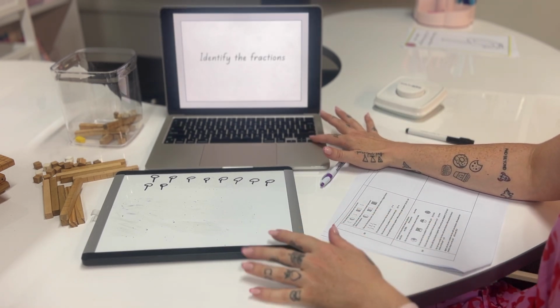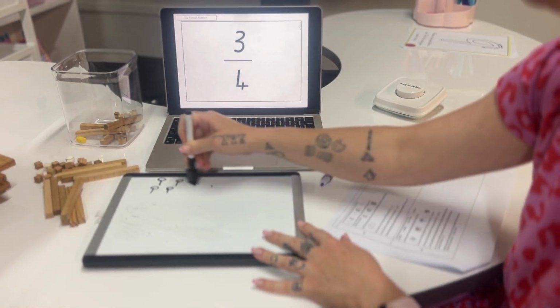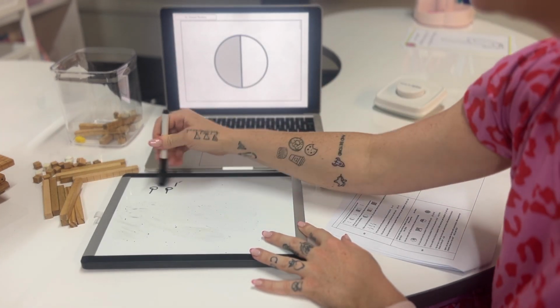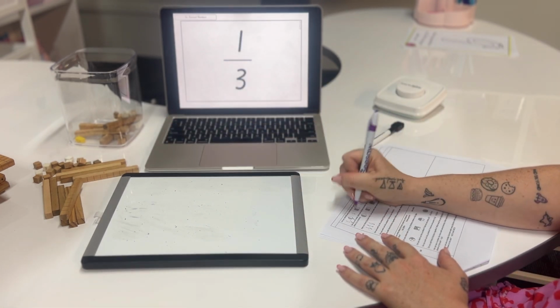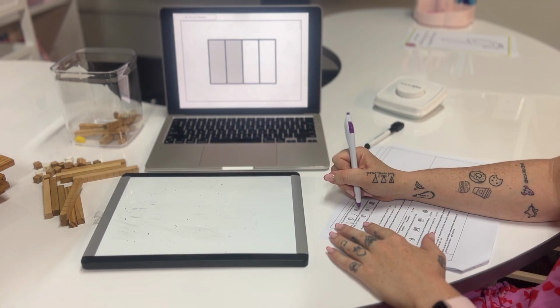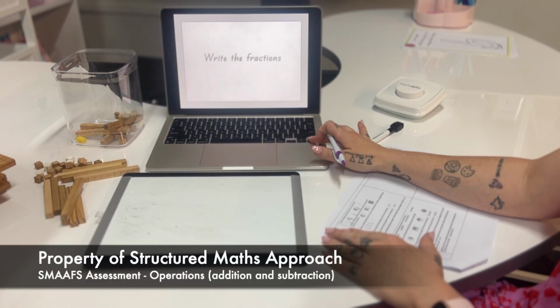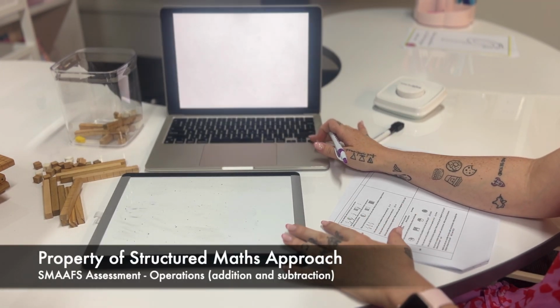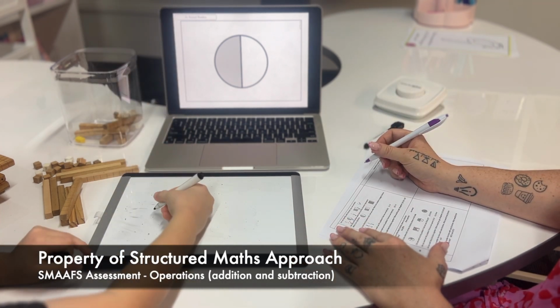So here we go. This fraction, what does this say? 3/4. This one, what's this fraction? Half. This one? 1/3. This one? 2/4. This one? 2/5. Good job. Can you write me down the fraction for this one? Like actually just draw it.